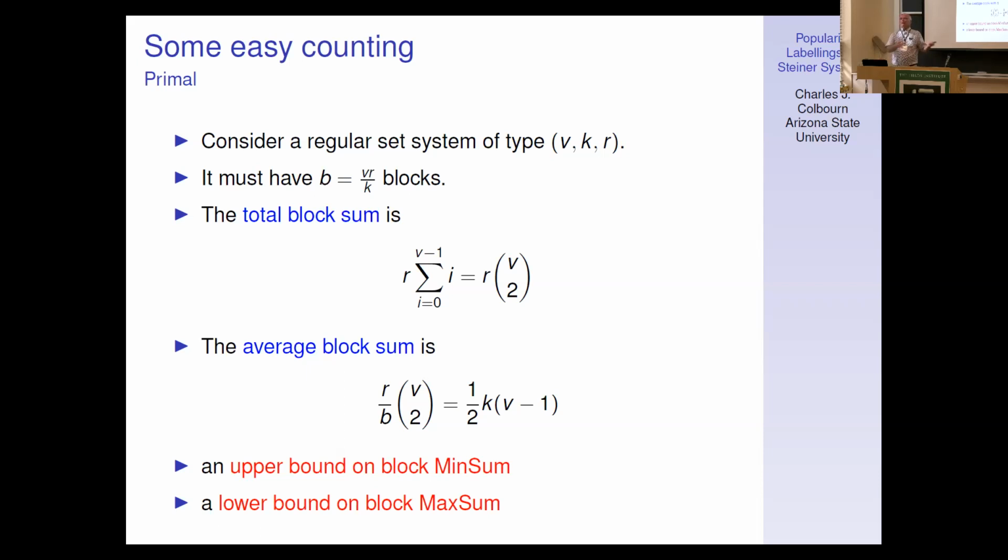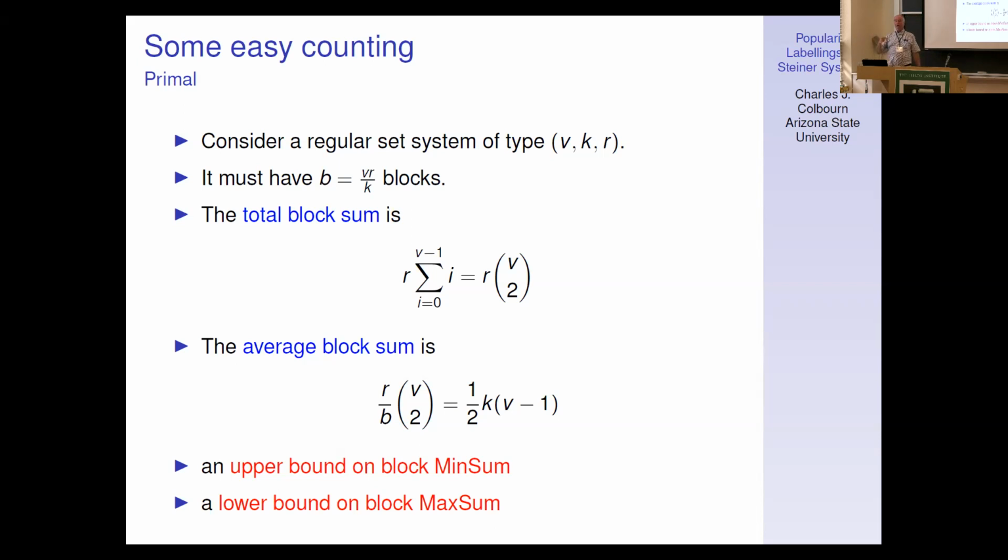Now, I don't think anybody would ever use a labeling like this, so you might say, can we look at how well we might be able to do from the other end? Well, let's start off. We've got a regular set system. We know that in such a regular uniform set system, B times K is V times R. So we can calculate the total block sum because we know how many ones there are in each row, right?